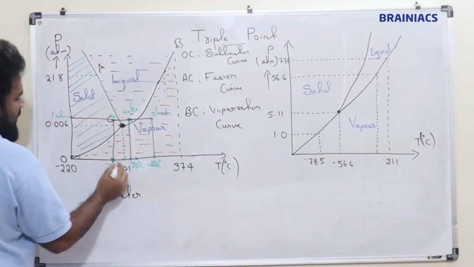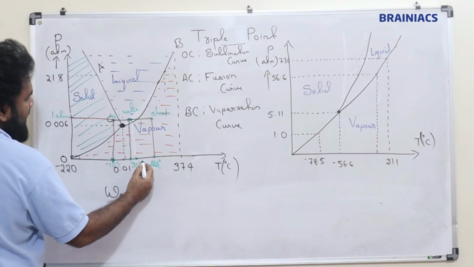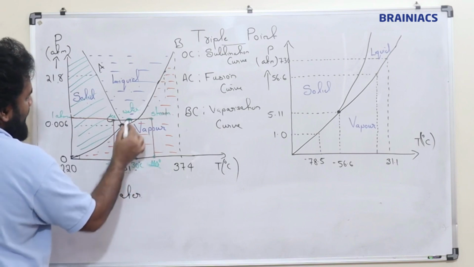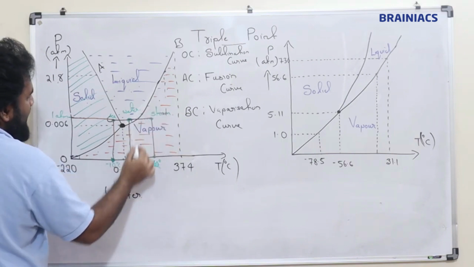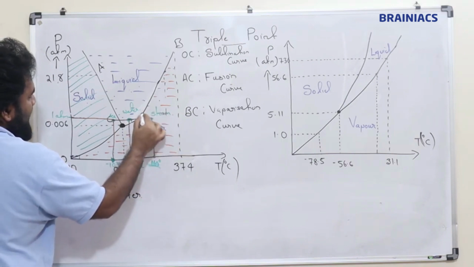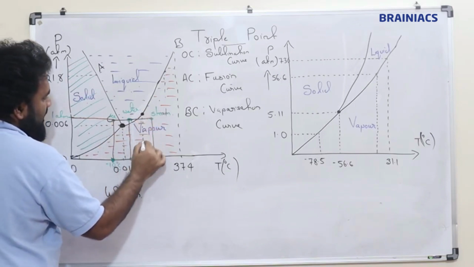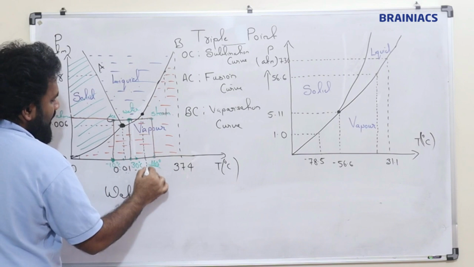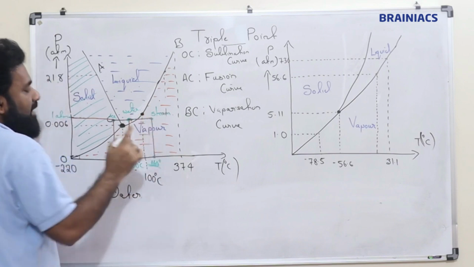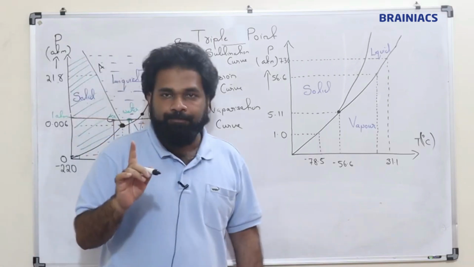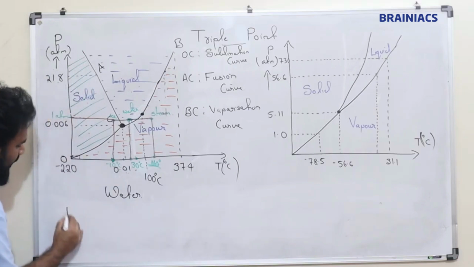Suppose this is 0.01, and we have taken here 30 degrees Celsius. So this water will convert into vapor at 100 degrees Celsius. So this is 100 degrees Celsius, that is the temperature at which water converts into vapor. Okay, so boiling point.